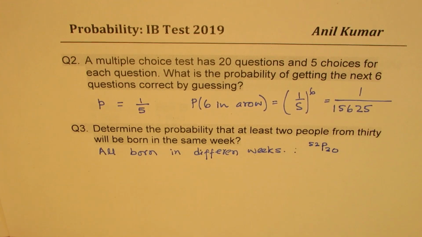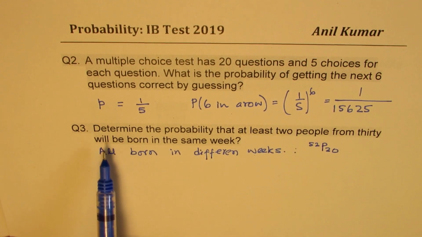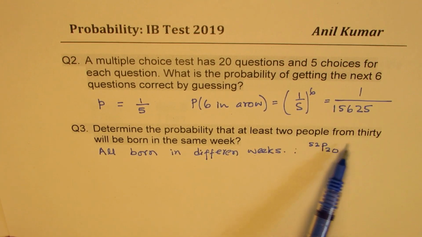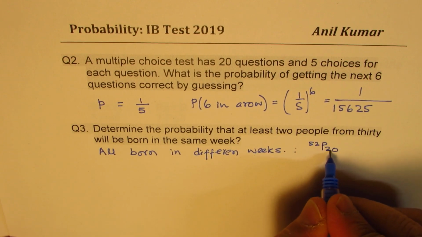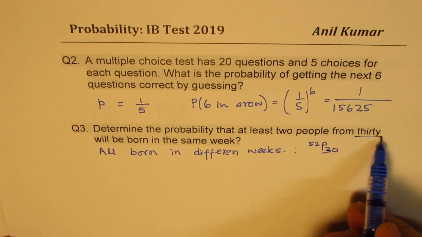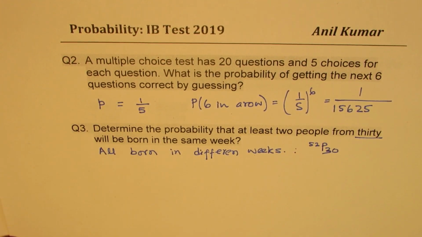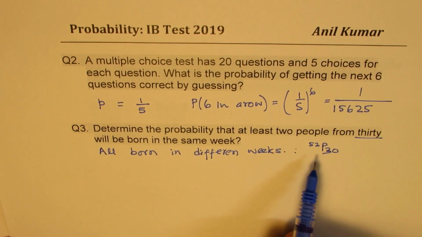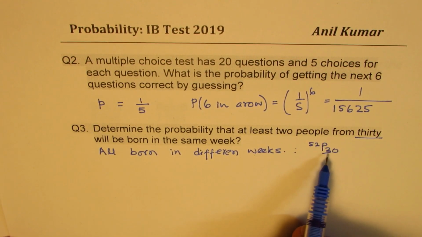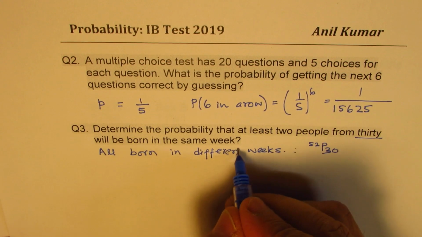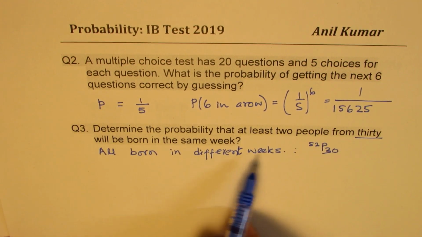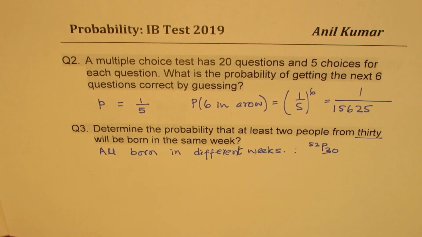Since there are 20 students in this particular case, right? Determine the probability that at least 2 people from 30, so it is 30. Okay. From 30 will be born in the same week. So that is the number of cases which are favorable for different weeks. Correct?